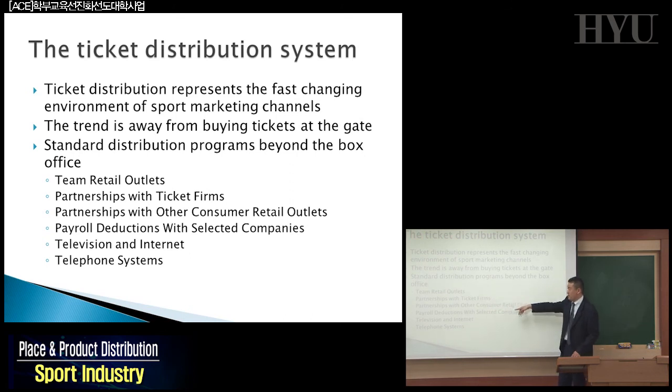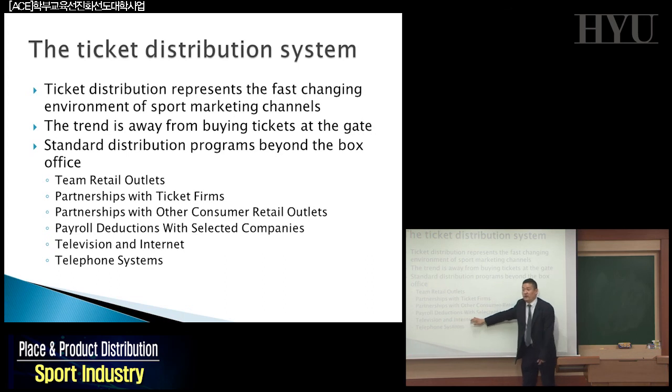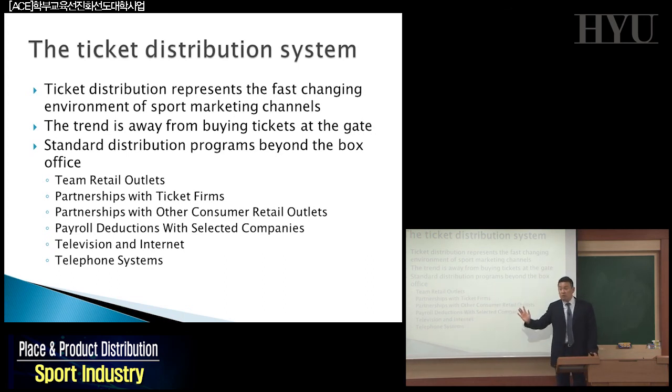Team retail outlets, partnerships with ticket firms, television and internet. I just want to give the example of Ticketmaster.com. In the US, Ticketmaster.com, the official website, is a very common place for people to buy any kind of sports event ticket.